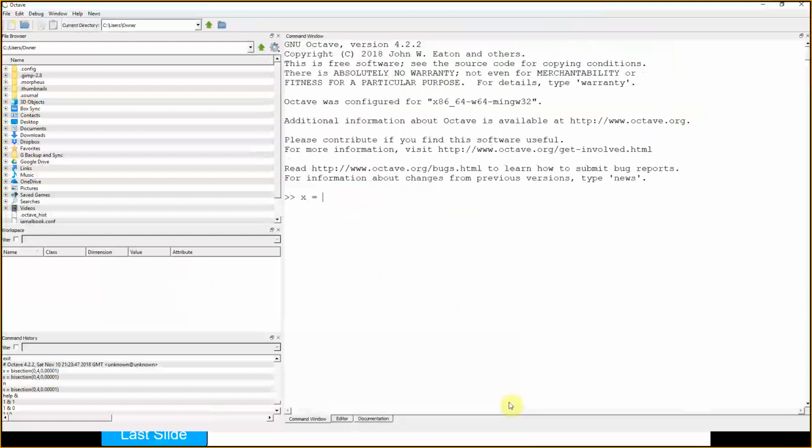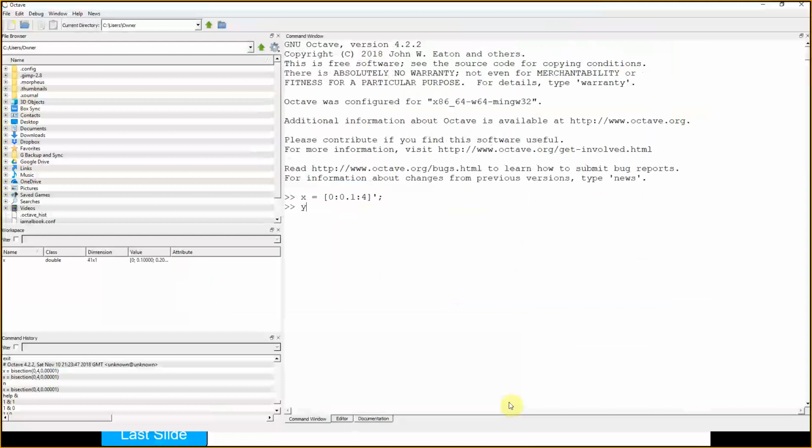Let's do it quickly again. X equal, now I'm going to put it in brackets and do the transpose at the same time. I'll make it tighter now. 4. And I'll put the transpose sign. Alright.